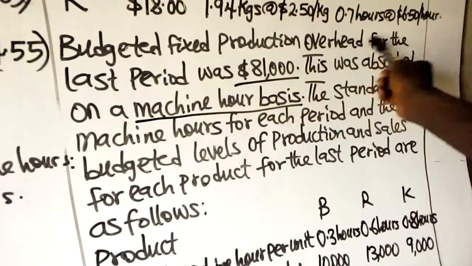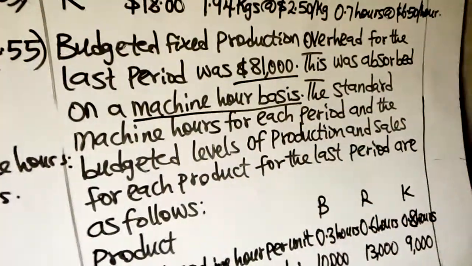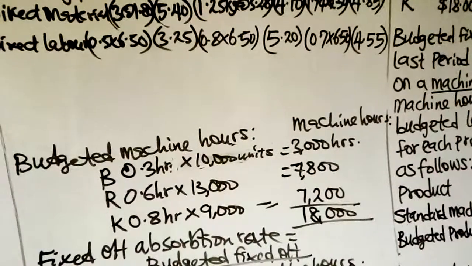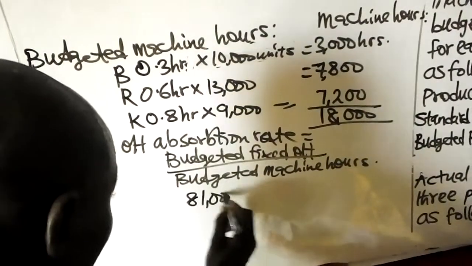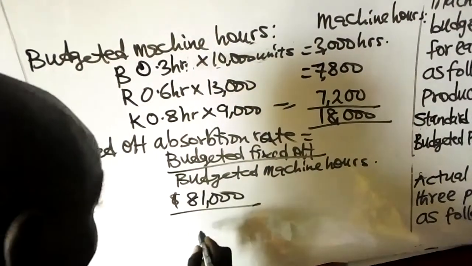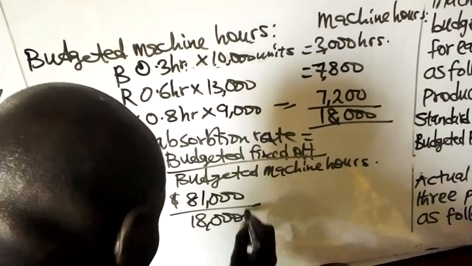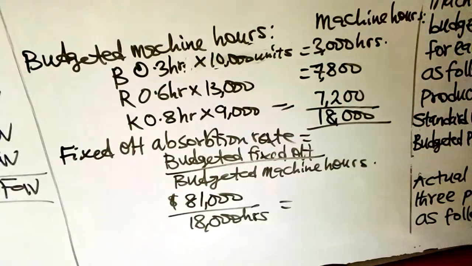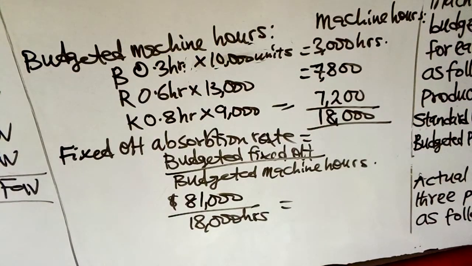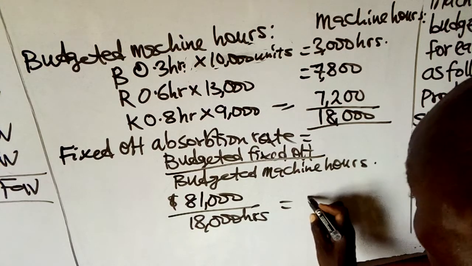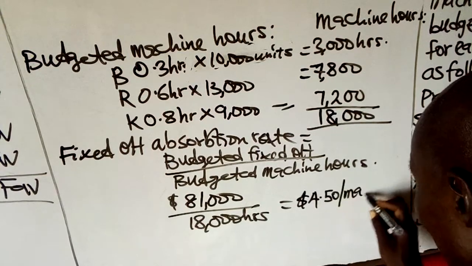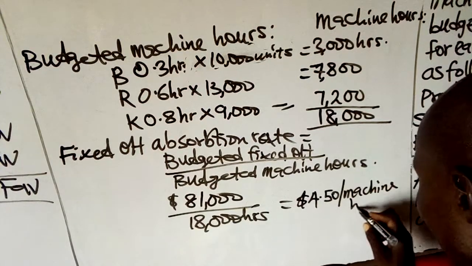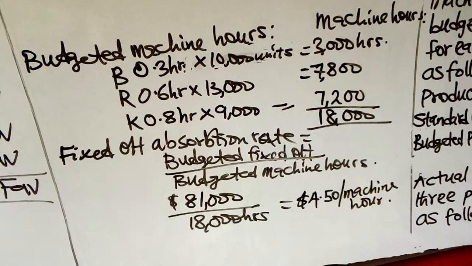Budgeted fixed production overheads for the last period was $81,000. So you have $81,000 divided by 18,000 machine hours. Then you have $4.5 per machine hour. That is the rate per machine hour.